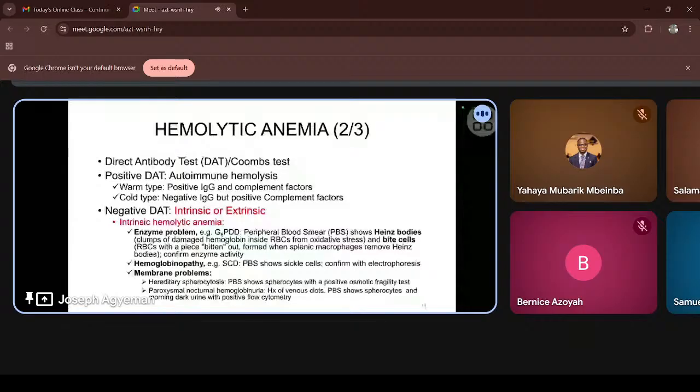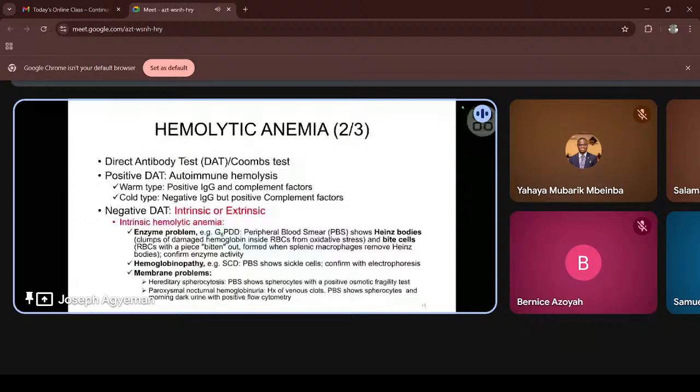The red cell will change from the biconcave shape to a crescent shape, also known as the sickle shape, and its flexibility that enables it to meander its way through microvessels will be lost. The red cell becomes rigid. It blocks blood vessels, giving rise to so many complications. Such red cells must be dealt with, and they will be destroyed. So they will be hemolyzed by the cells of the reticuloendothelial system, leading to anemia.